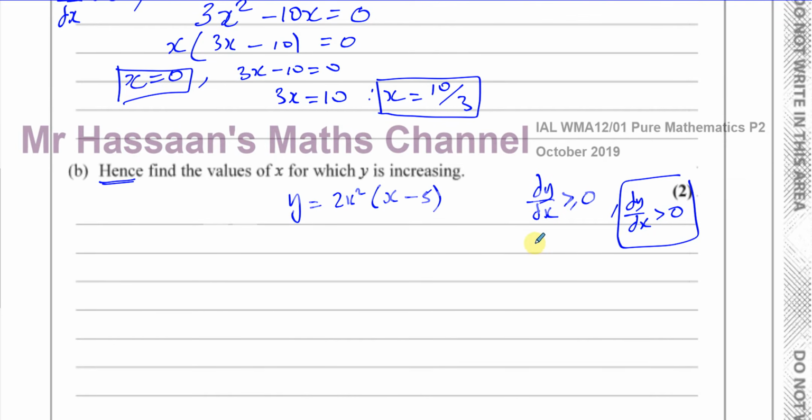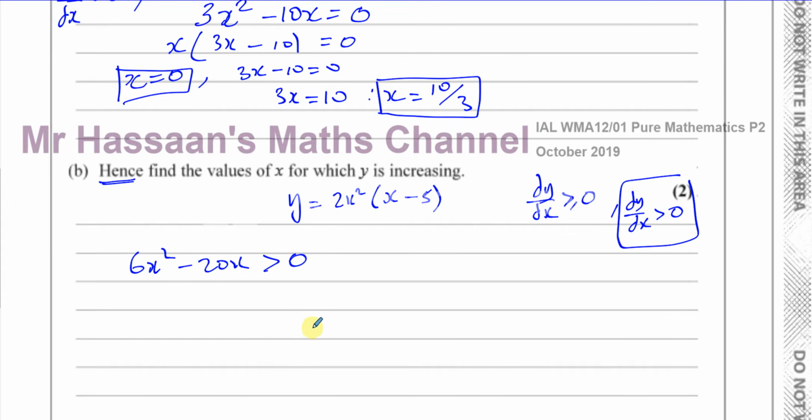So some people will think, okay, I've got to differentiate this, and the differential, remember, was 6x squared minus 20x. I've got to find the values of x for which this is greater than 0, or greater than or equal to 0 if you want, and then you solve this quadratic inequality and find the values of x for which this is true.